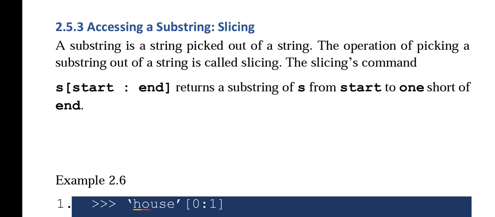And the command for the computer to carry out a slicing operation is given as S, where S is the string from which we want to pick out a substring, and a pair of square brackets enclosing start colon end, where start is a numerical index and end too is a numerical index.